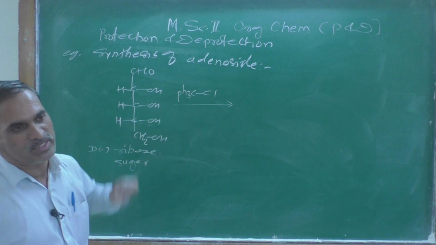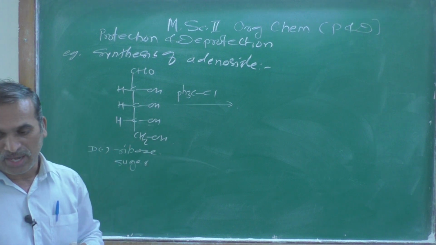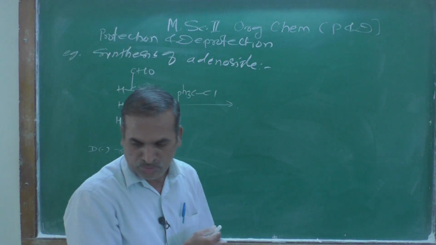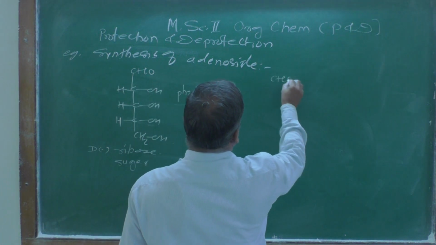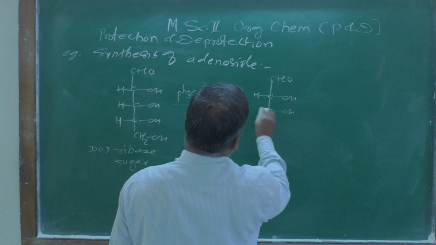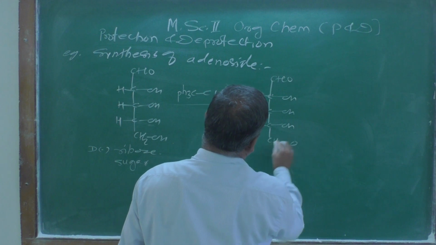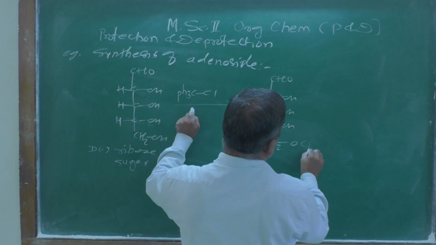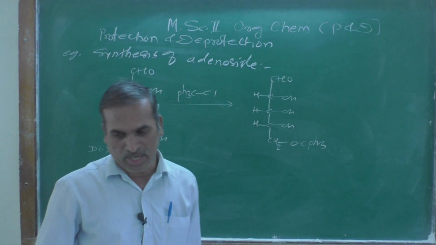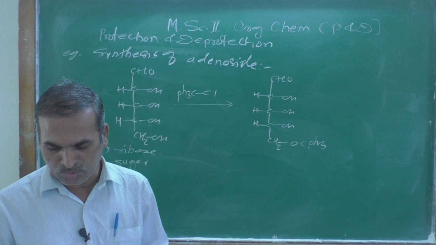Trityl chloride selectively protects this primary alcohol, so that you get the aldehyde group CHO, then COH, H, COH, H, COH, H, they remain as they are, then O, then the CPh3 group attached, which means this is the protection of the primary alcohol, right?